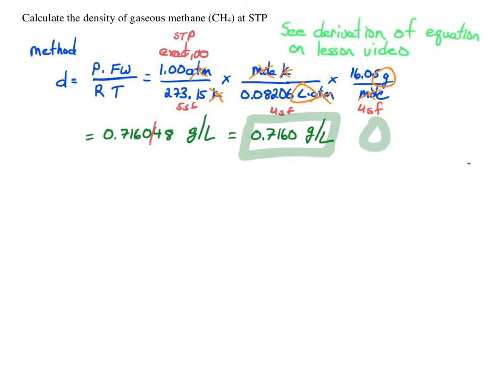Okay, so that's one way that we can solve this problem. Another way we can solve this problem is making use of the fact that we have a gas that's at STP.